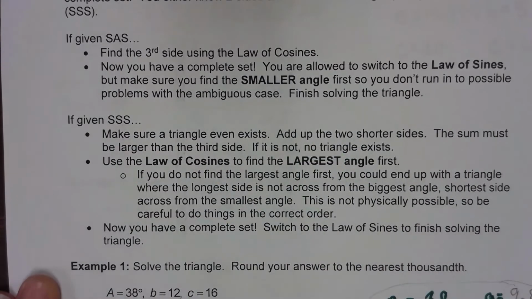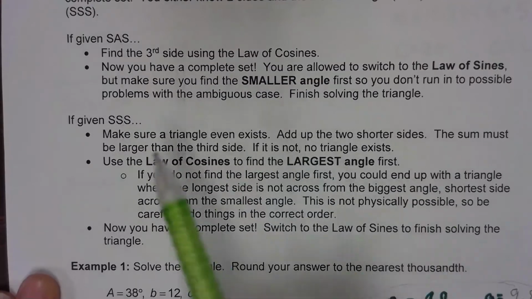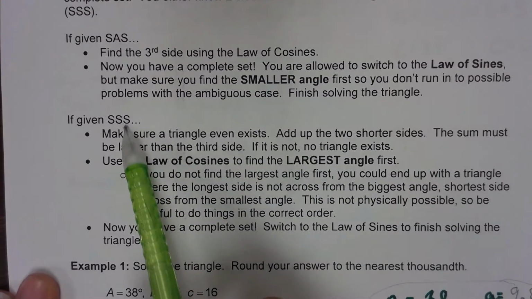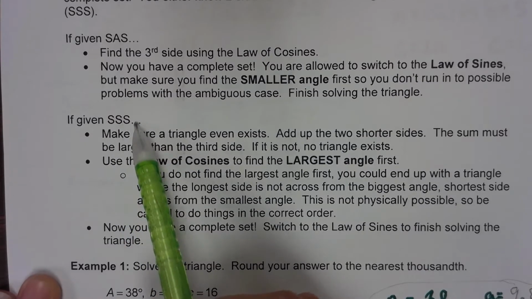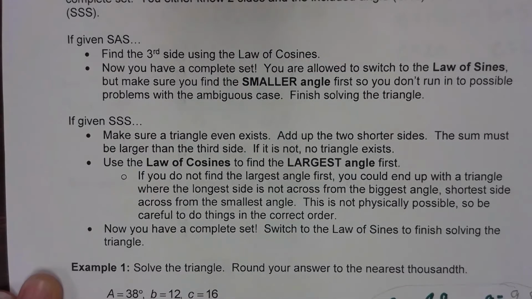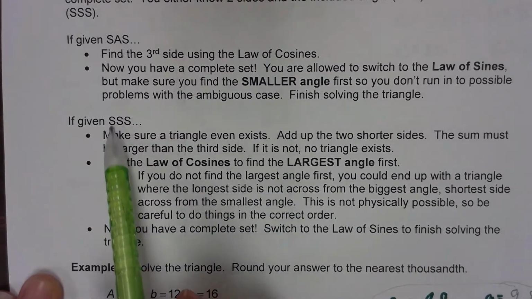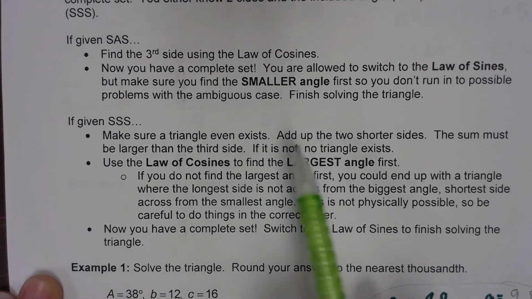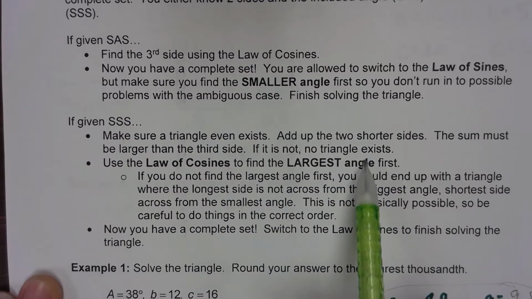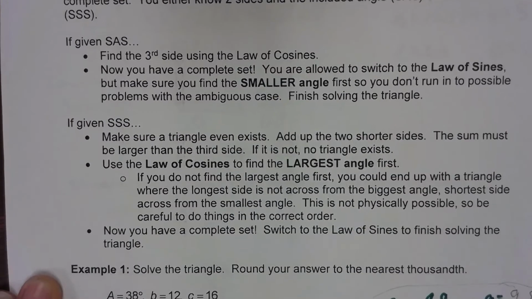The reason why I put this into 2 days is because, one, using law of cosines to solve for a side, side, side is a little bit more complicated. And when doing side, side, side, you actually have to use the law of cosines to solve for the largest angle first. That's going to be a little switch.